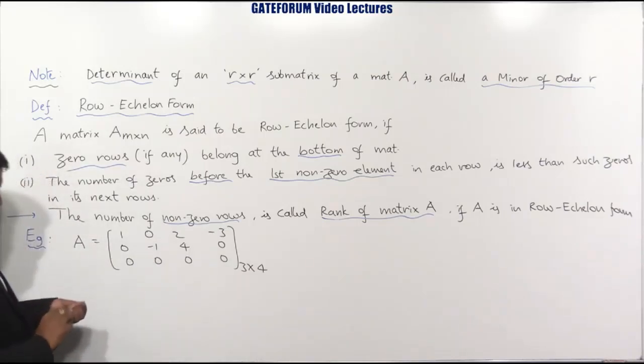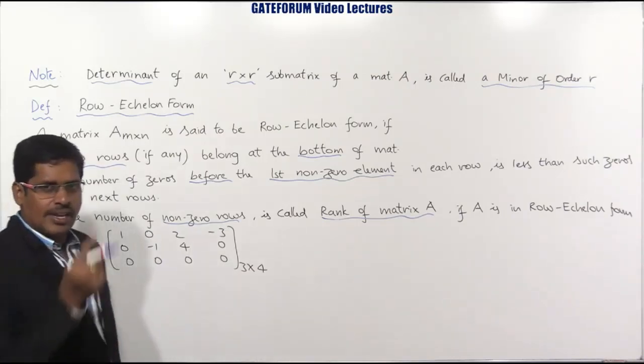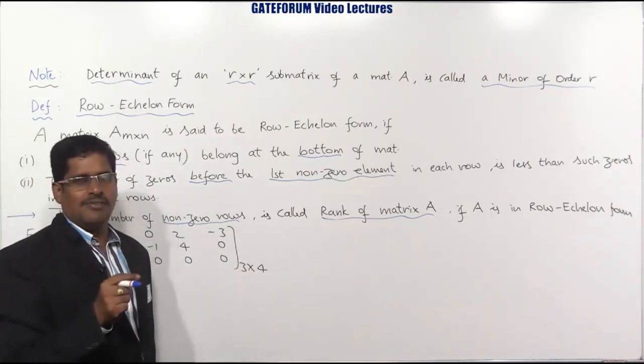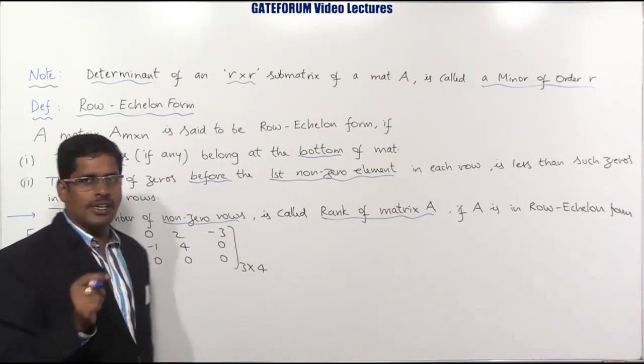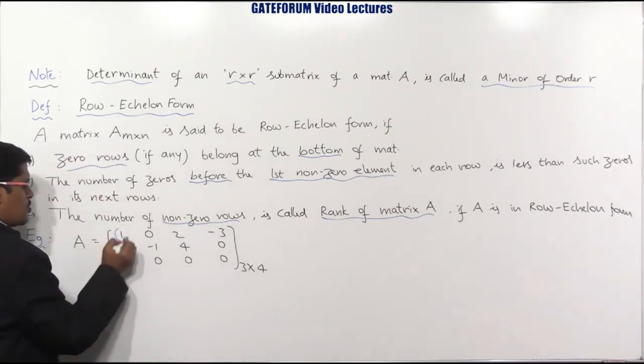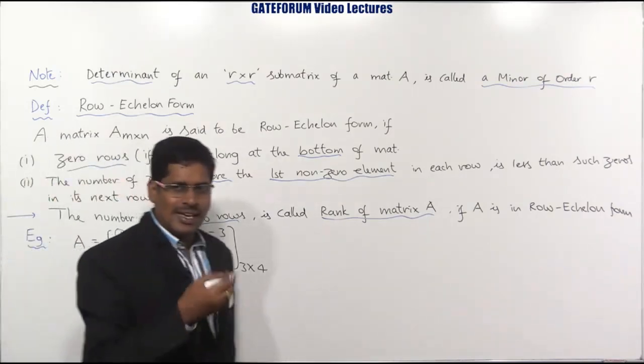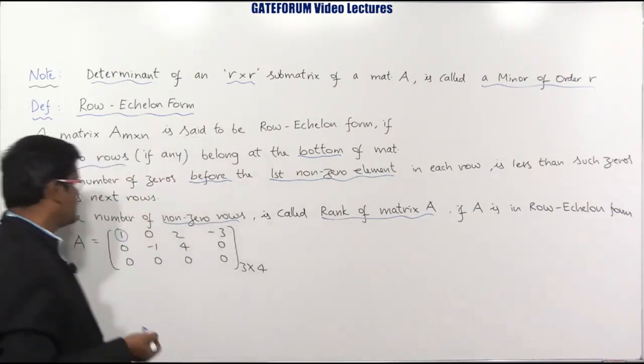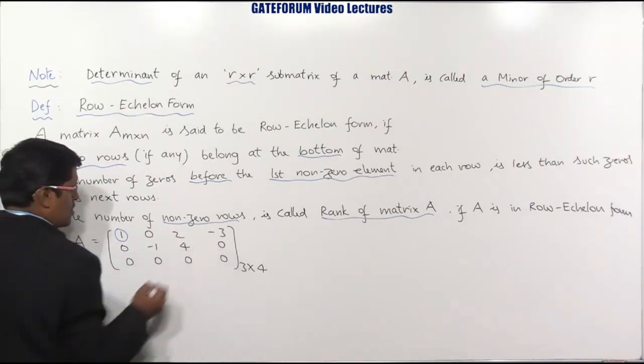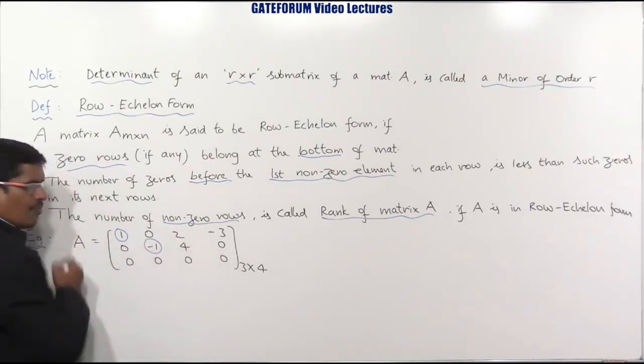So let me check. I am giving an indication by a circle which indicates the first non-zero element in a row. In the first row, 1 is the first non-zero element, indicated by a blue circle. In the second row, the first non-zero element is minus 1.